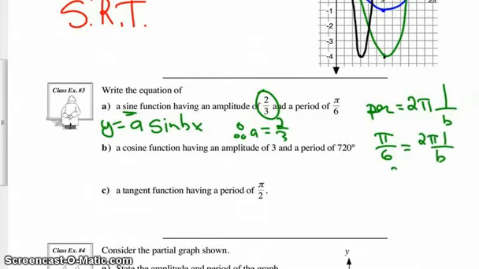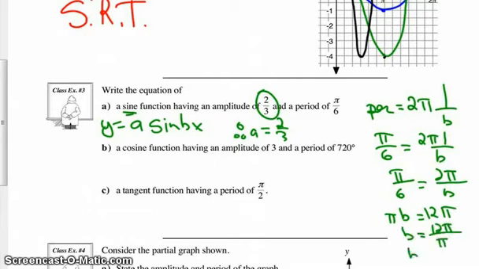Well, you can look at this as a little equation. So this is really pi over 6 equal to 2 pi over b. So pi times b is equal to 12 pi. So that means b must be equal to 12 pi divided by pi. So in other words, the b value must be 12. So b equals 12.